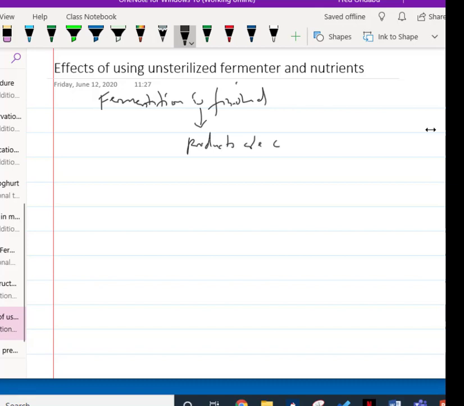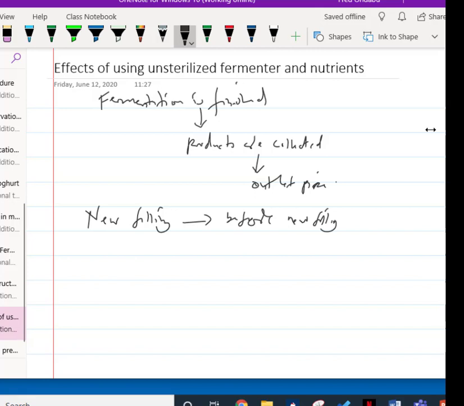These products are collected from the outlet pipe. Once collected, the fermenter then needs to be filled with new nutrients. Before the new filling, the fermenter is cleaned and sterilized.